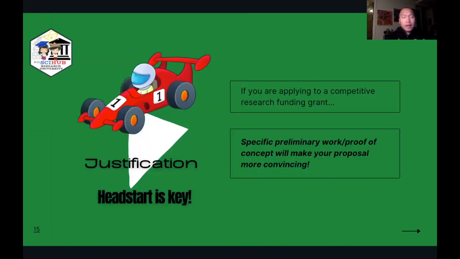So whenever you're writing a justification for a proposed research idea or hypothesis, what could set your proposal apart would be if you could highlight some proof of concept work that proves in part that this idea is actually working, that this hypothesis is more likely verifiable.